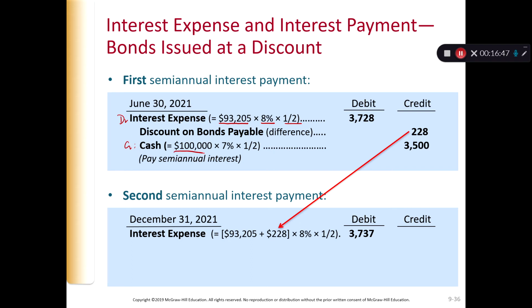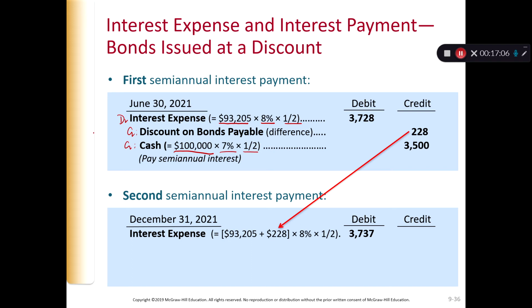The cash payment always equals the face value multiplied by the stated interest rate divided by 2. And the difference between these two is parked on the credit side, right? Because the debit side is 3,728 and the credit side is 3,500. Hence, the credit side is short.